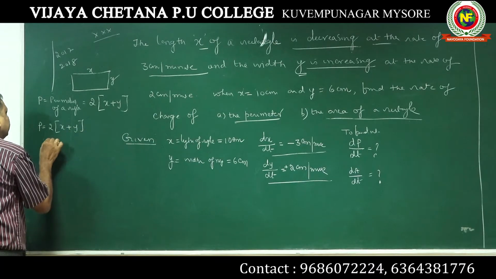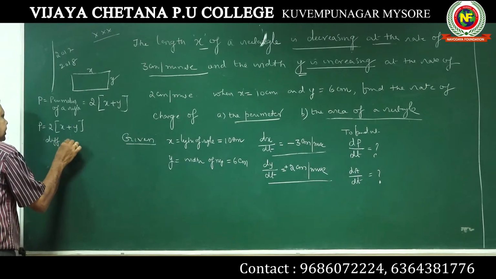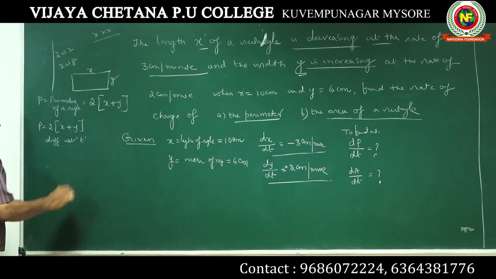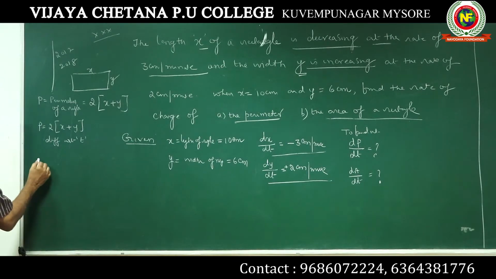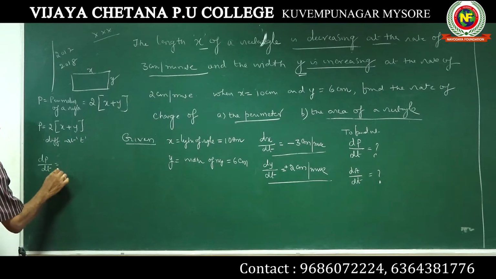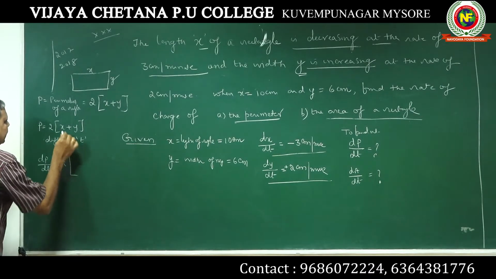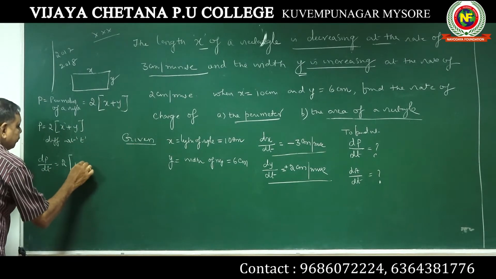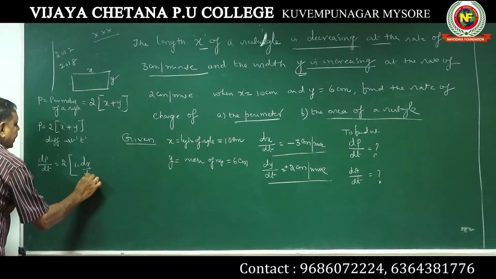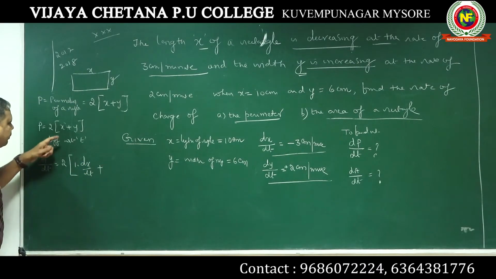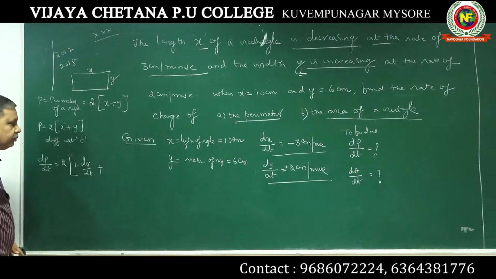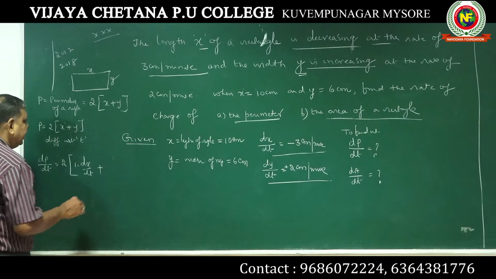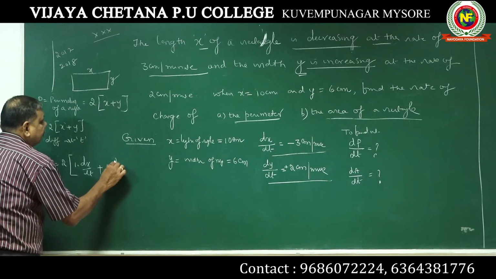Differentiate with respect to t. We have to differentiate with respect to t. Then dp by dt is equal to 2, a constant, into 1 into dx by dt plus, again it is an implicit function, we are differentiating everything with respect to t, 1 into dy by dt.